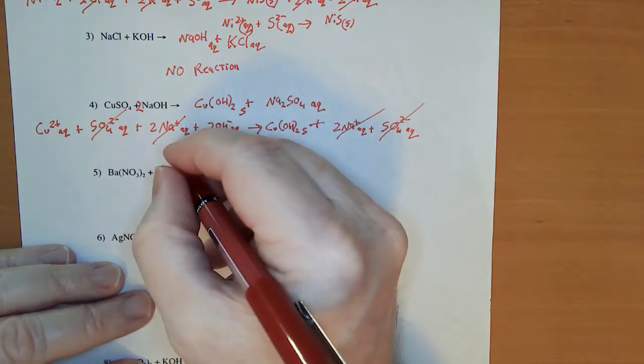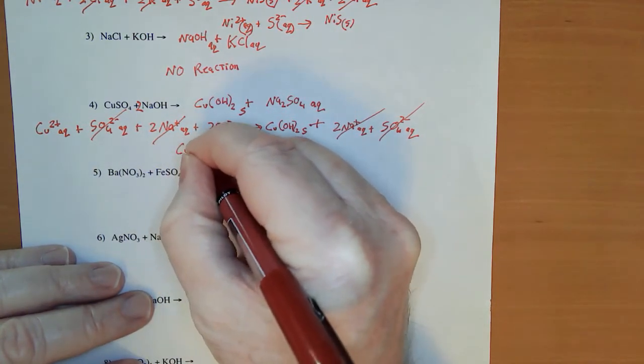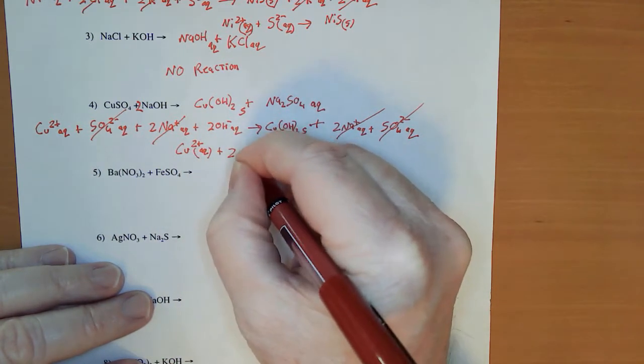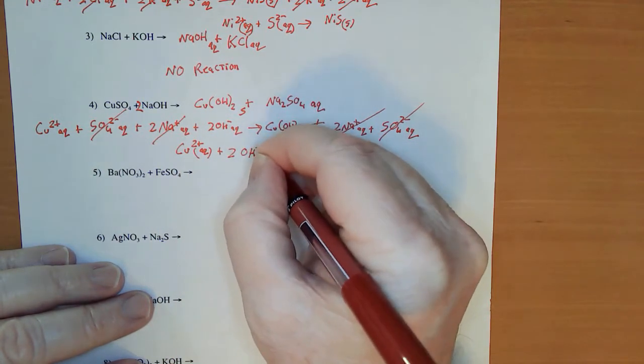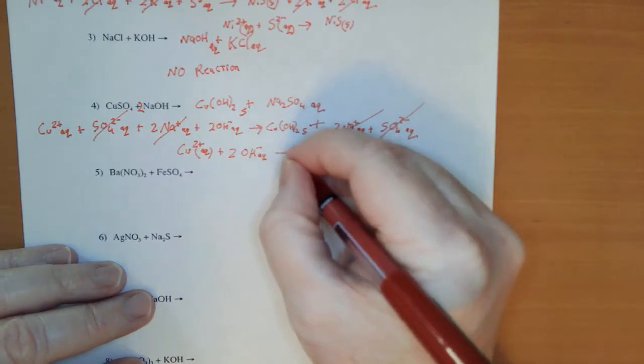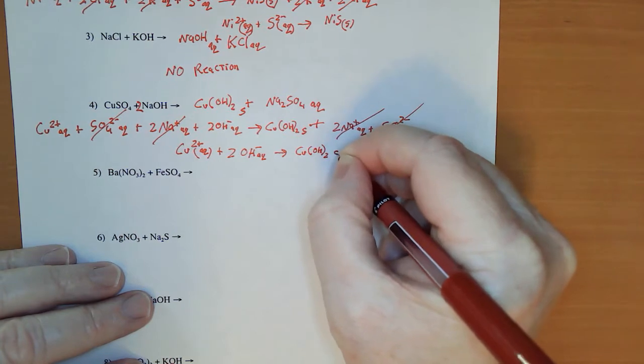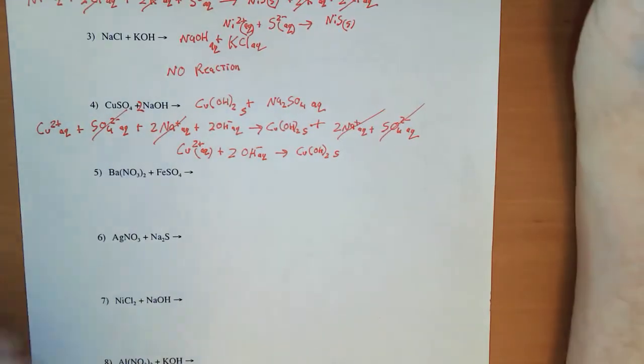With those canceled, I get Cu2+ aqueous plus 2 OH- hydroxides aqueous to give me Cu(OH)2 solid. And that's the precipitate.